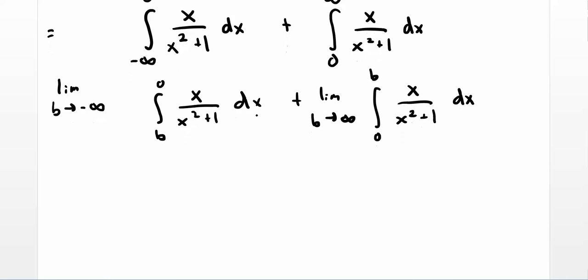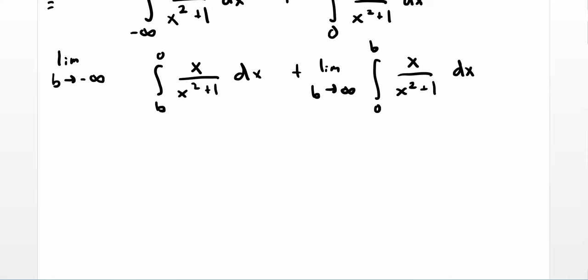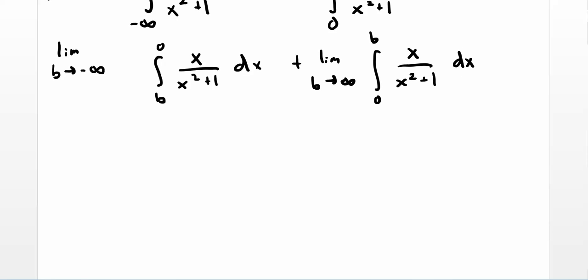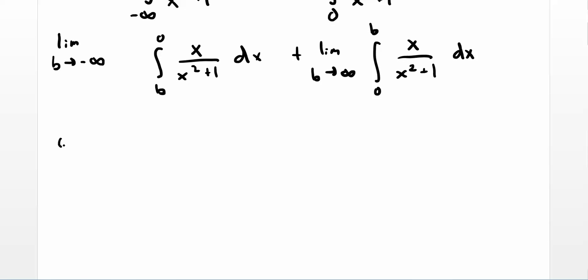Okay. So this integral should look a bit familiar. It's just a basic u substitution. So we'll do this off to the side. Let u be the bottom, x squared plus 1. du equals 2x dx.